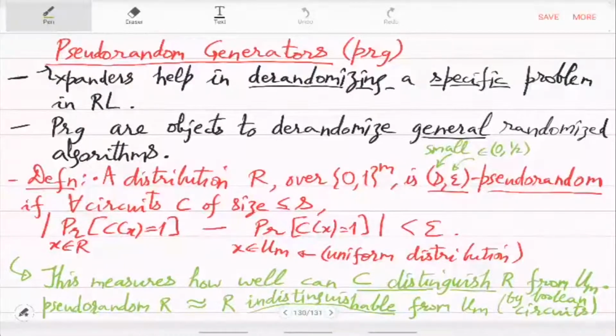So first we define distribution. So a distribution R is called S comma epsilon pseudo random if any circuit of size S is unable to distinguish R from UM. Okay, so the probability of C being 1 on either of these distributions is very close. It is close by epsilon. It is epsilon close. So we can also write that.